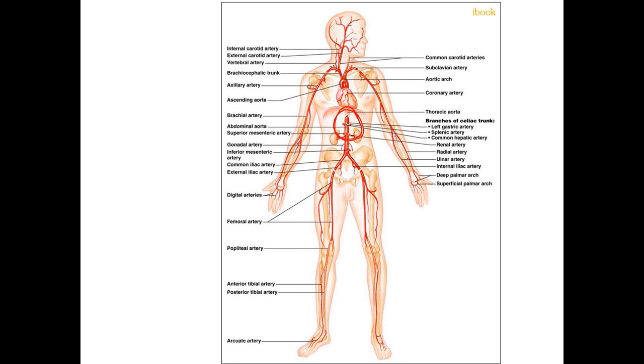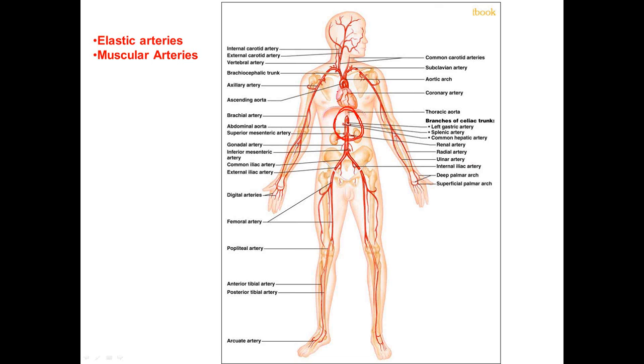Anyhow, here's a basic diagram, and you should just notice that there are two types of arteries really in the body, elastic arteries and muscular arteries. The elastic arteries are there to really take the force of the blood as it comes out of the heart. They need to be elastic because the heart is pumping, squeezing blood at high pressure, and they need to resist that.